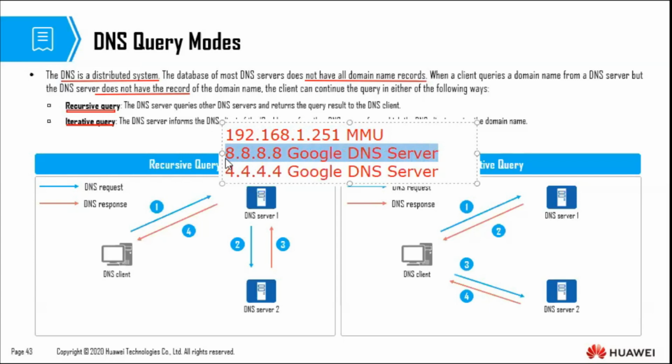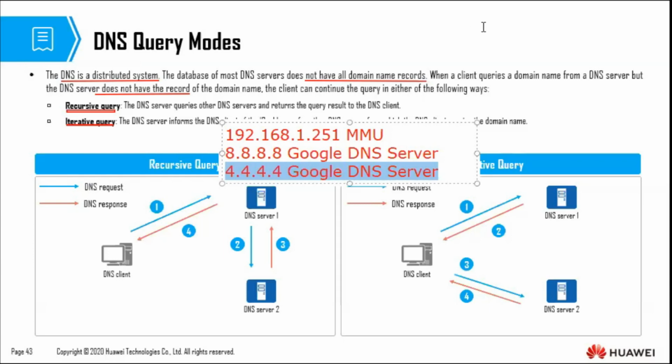Are you getting the point? Is that clear? If the Google DNS at 8.8.8.8 does not have it, it's going to send maybe to 4.4.4.4 to see if this one has it. So that's what we call distributed. So you might not have everything, but you can always check with others and find it.